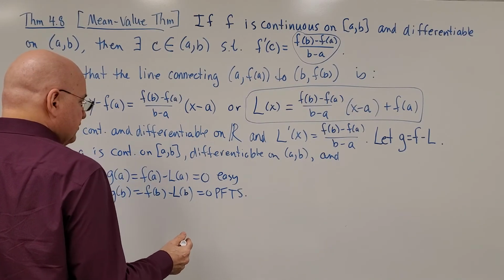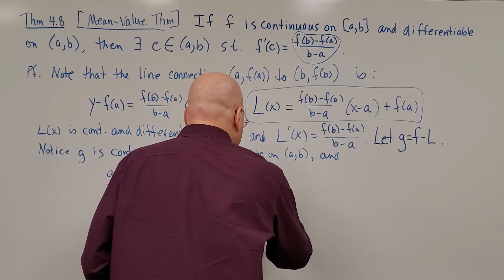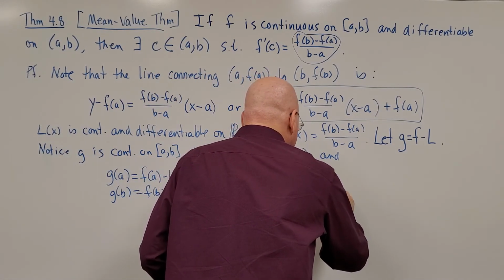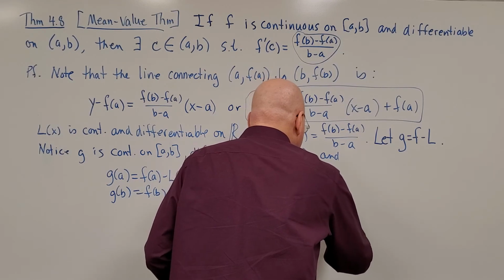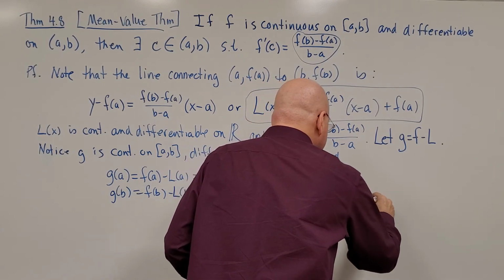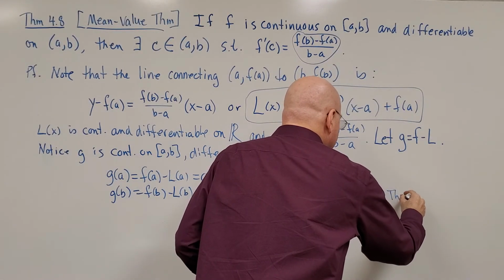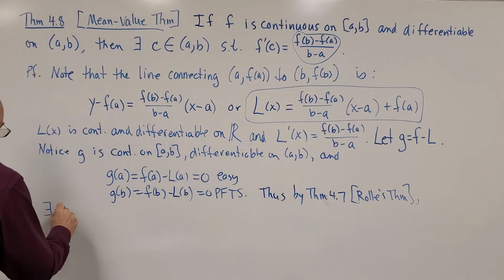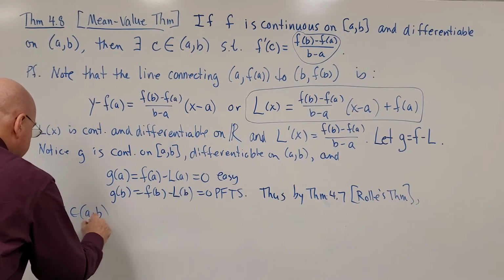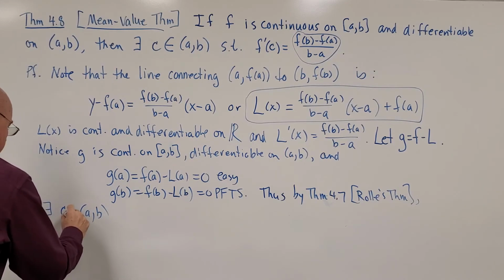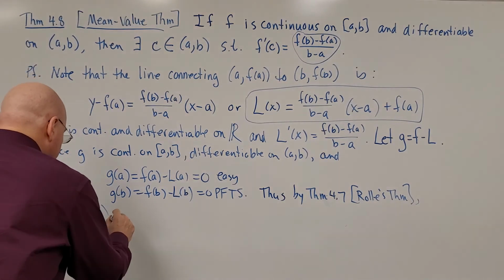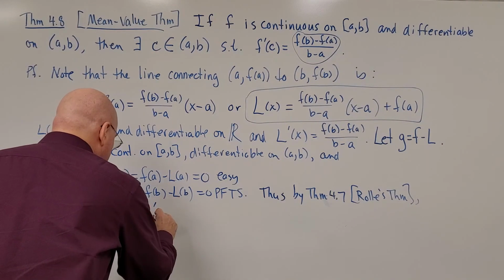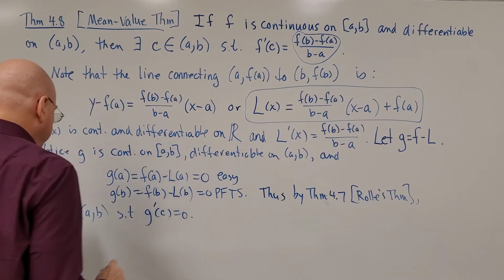Okay, running out of room here, two more sentences, so I'm going to start off over here. Thus, by theorem 4.7, Rolle's theorem, there exists a c in the open interval (a, b) such that g prime of c is equal to 0.